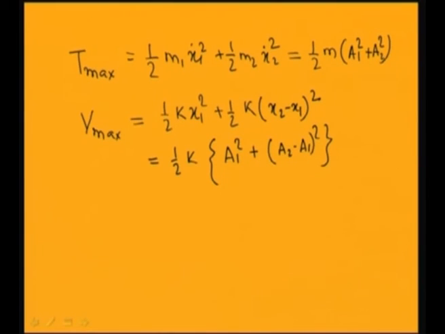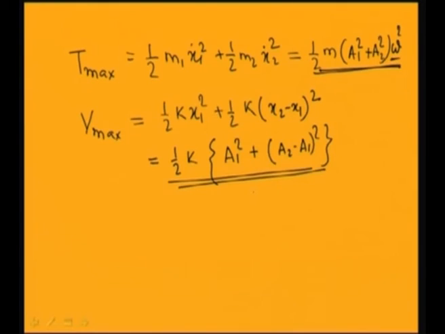Now I can equate this. The kinetic energy is half m a1 square plus a2 square omega square, as the maximum velocity equals a omega. So I can equate this maximum kinetic energy with this maximum potential energy.